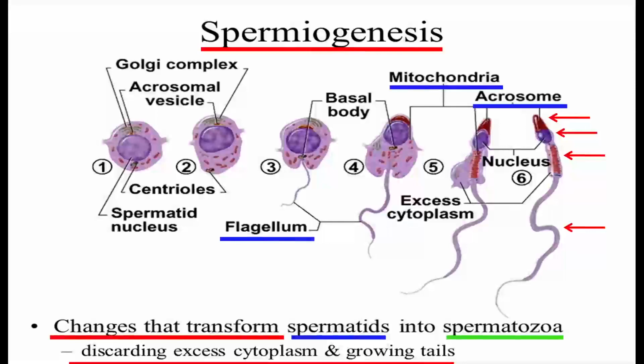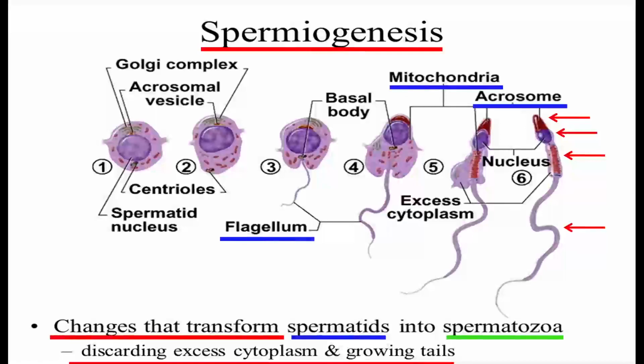Now, if you look at figure 1, you will find a round cell with a nucleus. And the nucleus is very important because it holds the genetic material, the 1N group of chromosomes. In addition to that, it contains some cellular organelles.